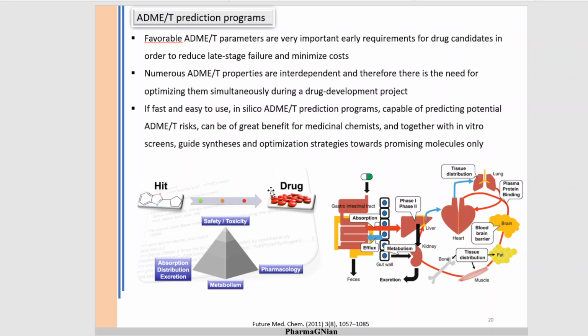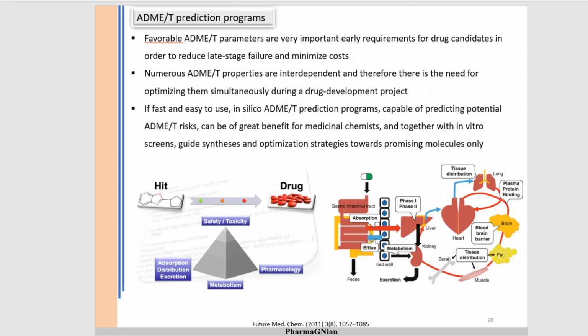This is very important, because many drug approvals get called back from the market due to toxicity and similar issues. So it is a very important technique to predict ADMET. The numerous properties are interdependent, and therefore there is a need for optimizing them simultaneously during the drug development process.